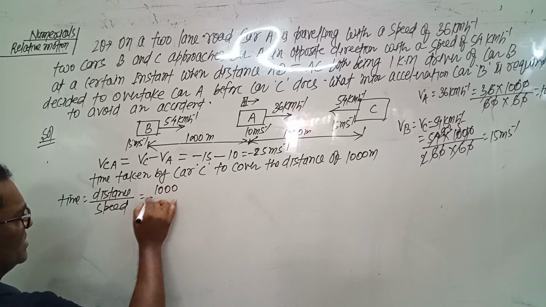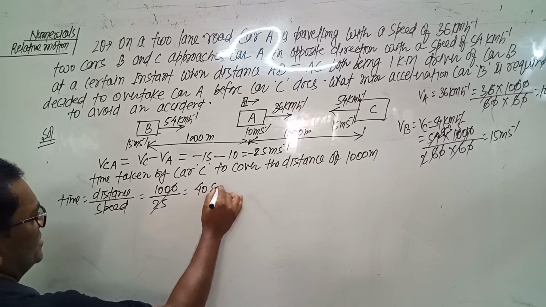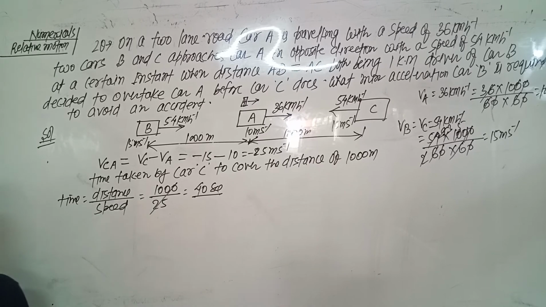Distance is 1000 meter upon 25, and this is 40 seconds. So the time taken by car C to cover the distance of 1000 meter is 40 seconds.